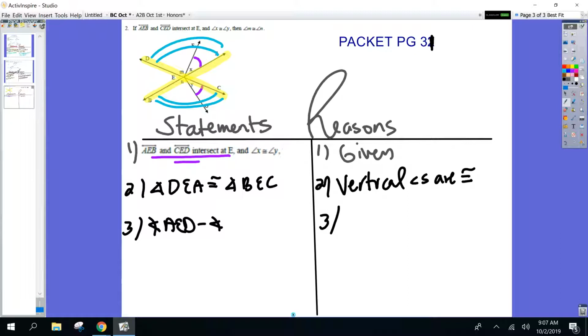Aren't I subtracting the vertical angles and angle x and y, right? So AED, which is my vertical angle, minus what? Minus angle x. It is the same if you do what other two angles subtracted? Angle BEC, and I'm going to subtract angle y.